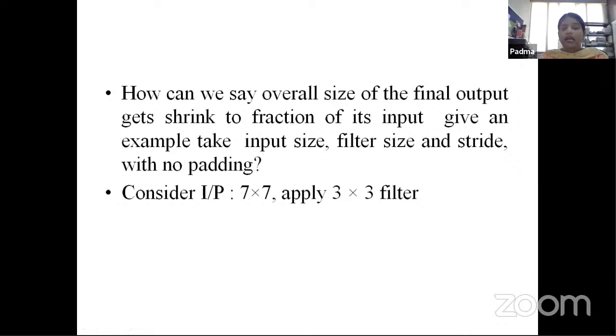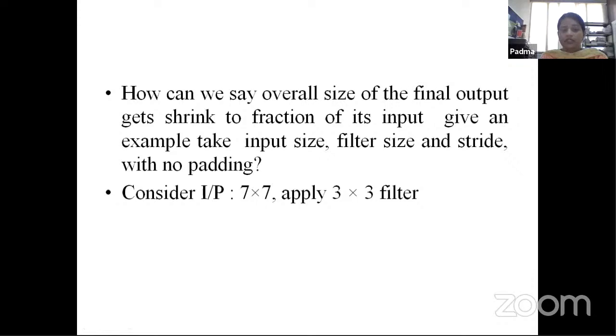So when we apply this filter over the given input image, we consider the stride rate as 1, and padding here is no padding, so let's assume the padding value as 0. When we do this, we can compute the output from this particular input, right?